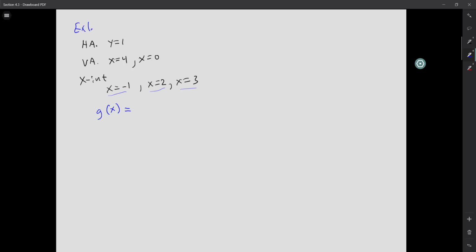That should give me factors x plus 1, x minus 2, and x minus 3. And then on the denominator, where I get my vertical asymptotes, should give me x and x minus 4.